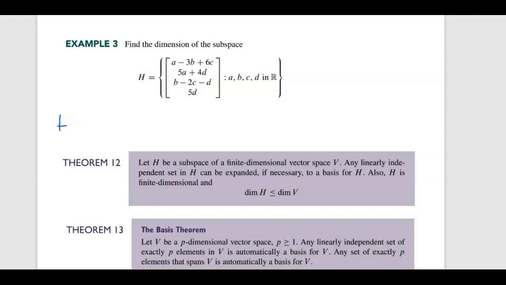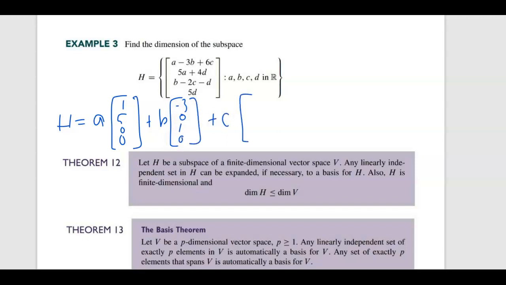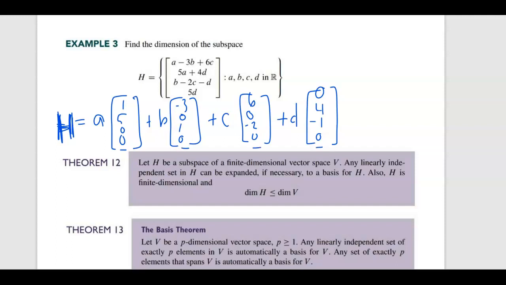Let's break H into A times 1, 5, 0, 0, plus B times negative 3, 0, 1, 0, plus C times 6, 0, negative 2, 0, and D times 0, 4, negative 1, 0. So we can say then that H is spanned by these 4 vectors.